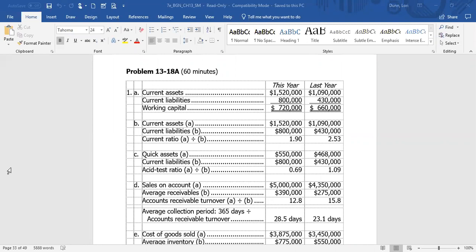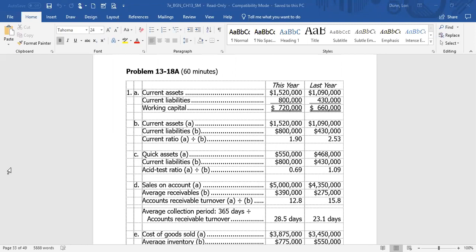The first one being working capital, and that's where we take current assets minus current liabilities. So what this tells us is, dollar-wise, how much in current assets we'll have once we pay current liabilities. And what you have to remember, going back to your financial accounting days, is that a current asset is an asset that's available to be used in the coming year.